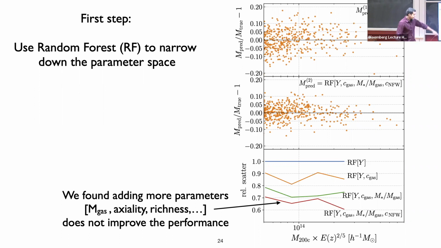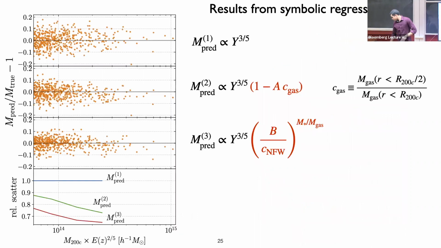What we saw was that if we add in more parameters, like mass of gas, the axiality of the cluster or the richness of the cluster, it does not improve the performance. So it seems the parameters I mentioned in the bottom are the ones which provide the most information for our problem. And so we used these parameters in the symbolic regression, and here are the results. Again, in the top panel is the traditional technique. I've shown two of the best results we got.